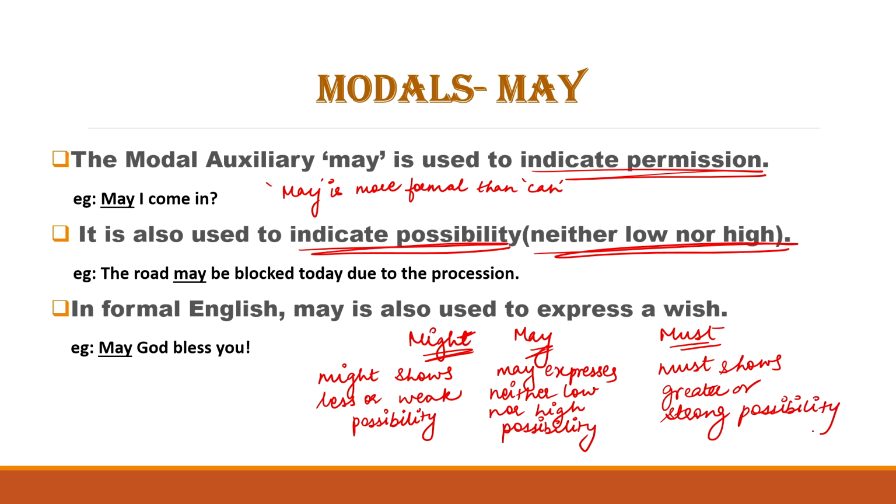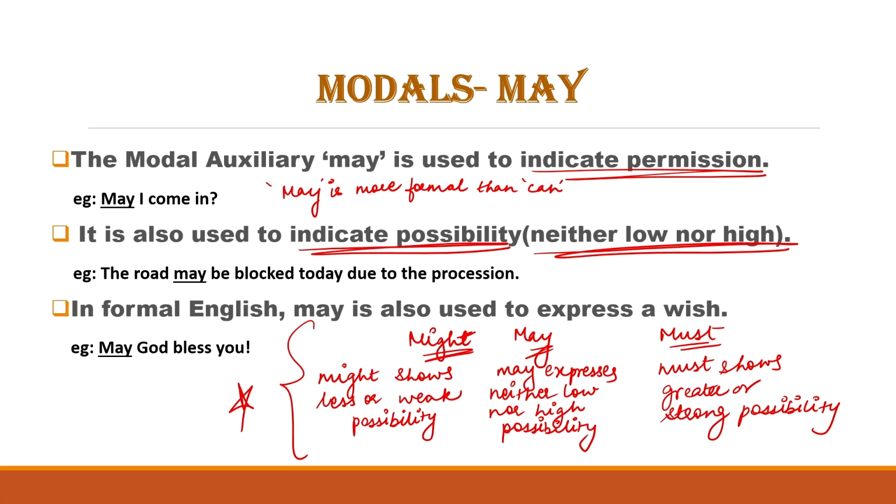So, all of them indicate possibility, but there is a difference. Might shows less or weak possibility, whereas may expresses neither low nor high possibility, and must shows great or strong possibility. So, keep this difference in mind, it is important.